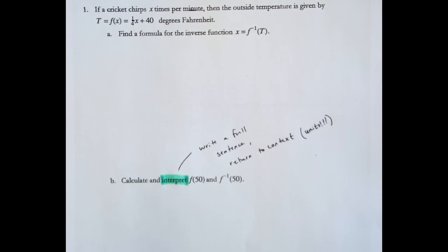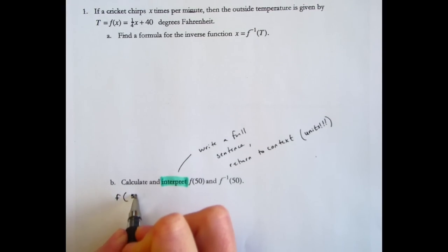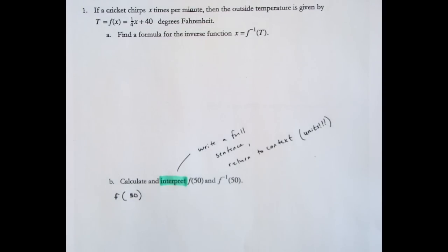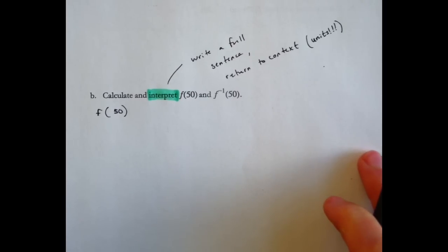I'm going to do something a little bit different for today. Before I do any math, before I actually even calculate f of 50, I'm going to think about what it actually means. So I'm going to interpret first. What is f of 50? What does it actually mean?